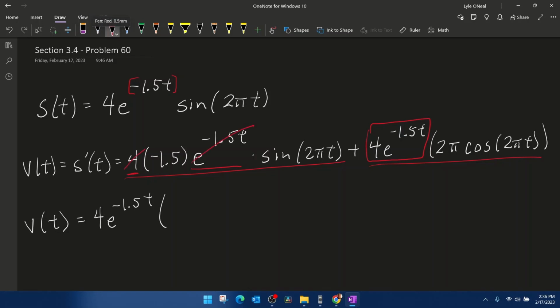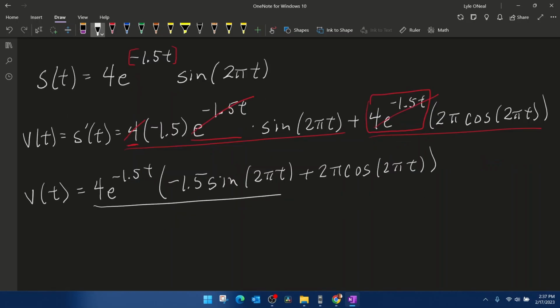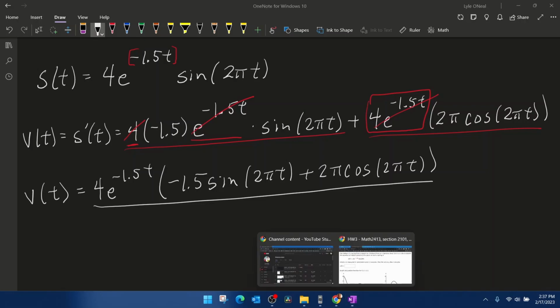Okay, so that's gone. And that would leave me with negative 1.5 sine of 2 pi t. And then if this is gone, because I factored it out, that's going to leave me with plus 2 pi cosine of 2 pi t. And I think I'm going to call that good as far as finding the derivative, as far as finding the velocity. I hope they don't ask me to input that as a function.